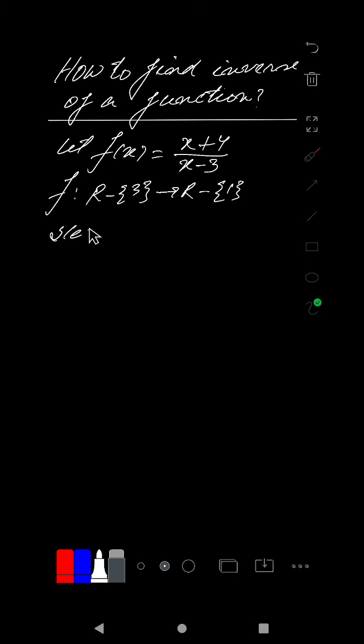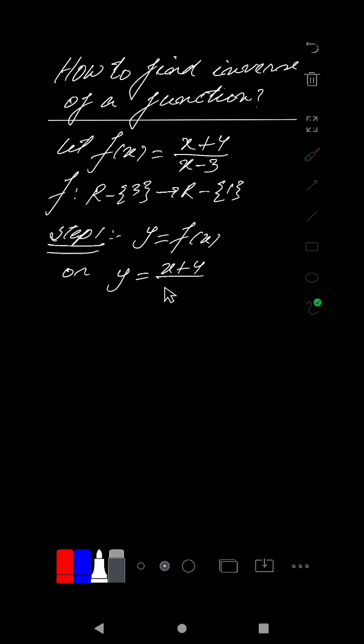So step 1, first we write y is equal to f(x), that is y is equal to x plus 4 upon x minus 3.